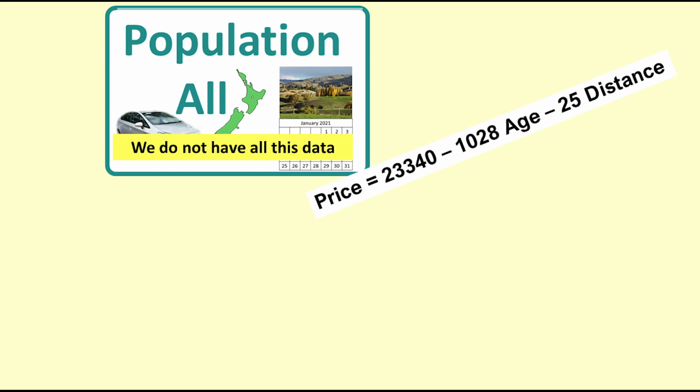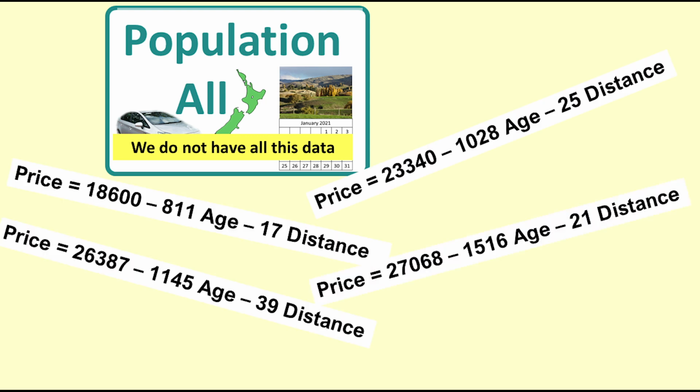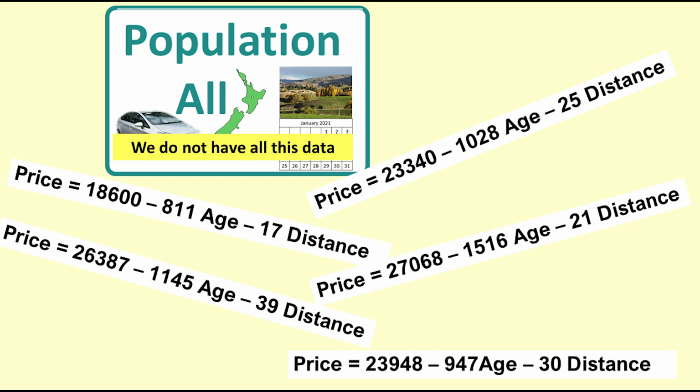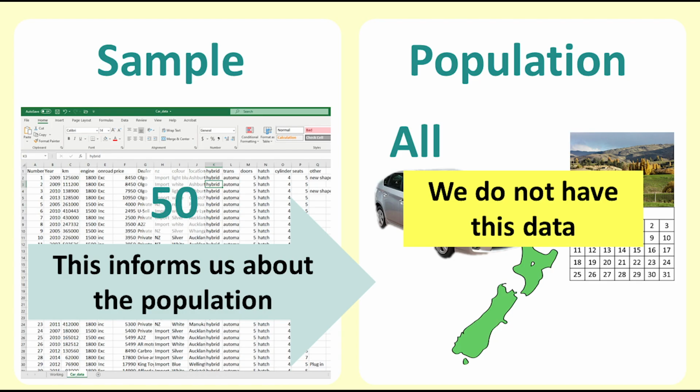You could imagine if you took different samples of 50 Prius cars, you would get different models, but they would be similar. You can also think that the sample model you come up with is likely to be like the population model, but not exactly. That is sampling error. Statistical inference helps us to identify what we can say about the population model from the sample model we have calculated.